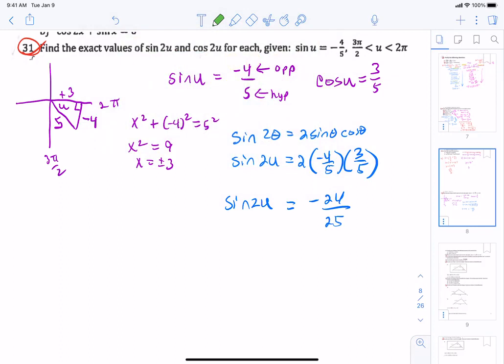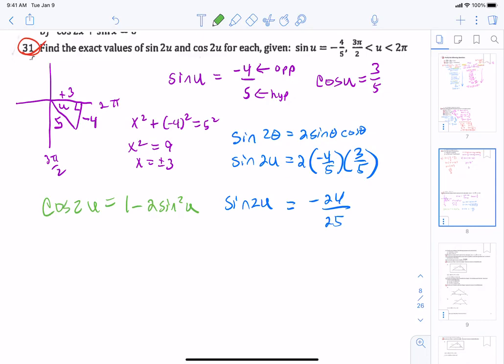Now they also wanted us to find the cosine of 2u. Do you see the third formula, 1 minus 2 sine squared? They gave us sine to start with. Why not just use that formula? If we screwed up the cosine, it won't hurt, because they gave us the sine.